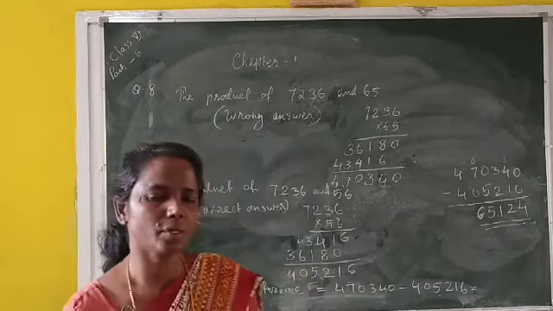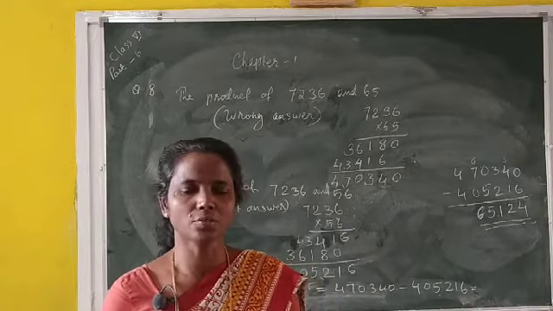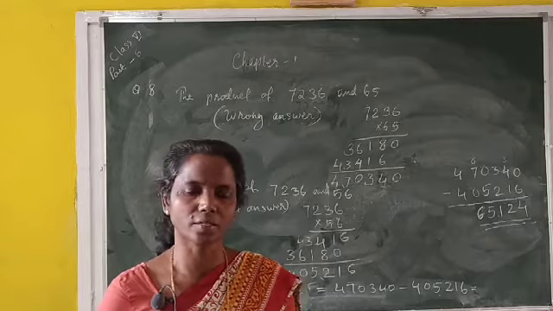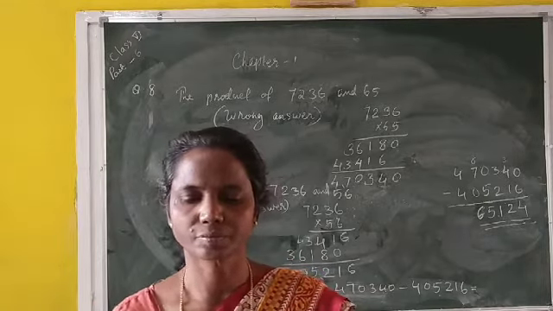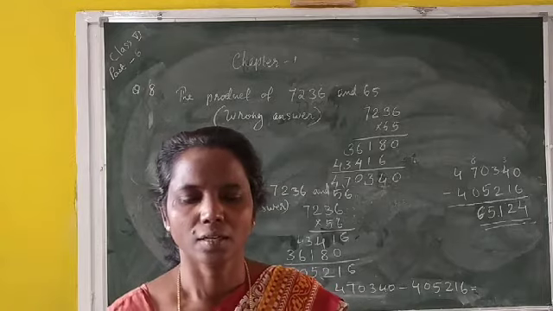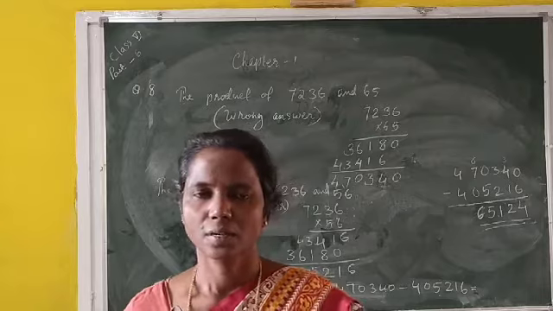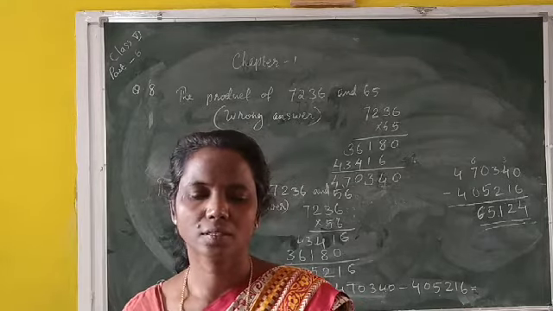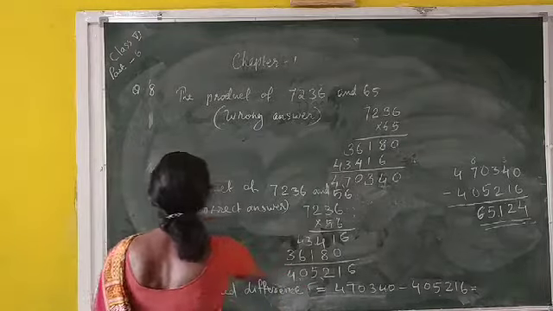And total how many meter cloth? Total 40 meter cloth. Then out of this 40 meter cloth, how many shirts will be stitched? And last, how much cloth will remain? How to find out this? Here cloth, first statement.